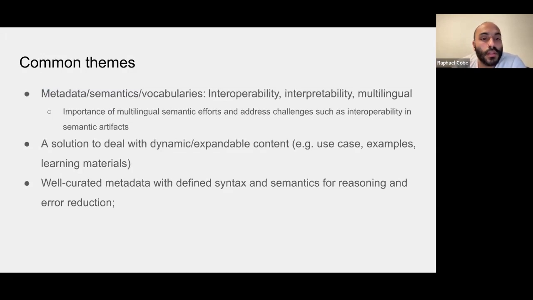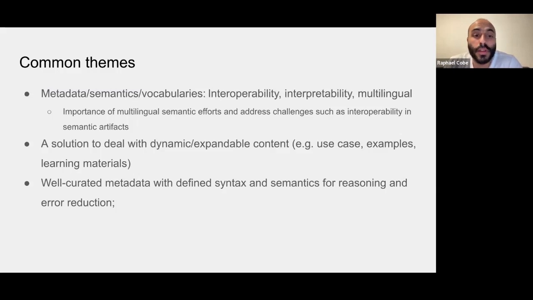Okay, so next are the common themes that we outlined from these pathways. Metadata, semantics, and vocabularies are mainly used for increasing interoperability and interpretability, and for that, having multilingual support is very important.